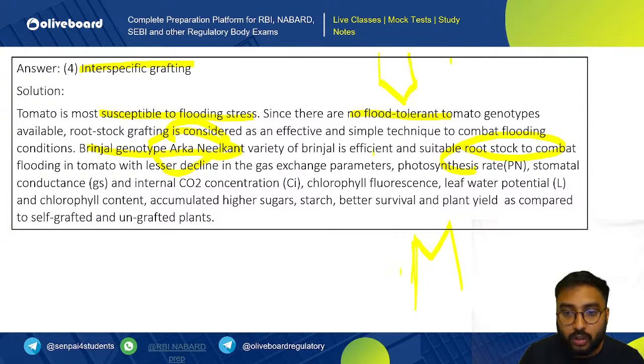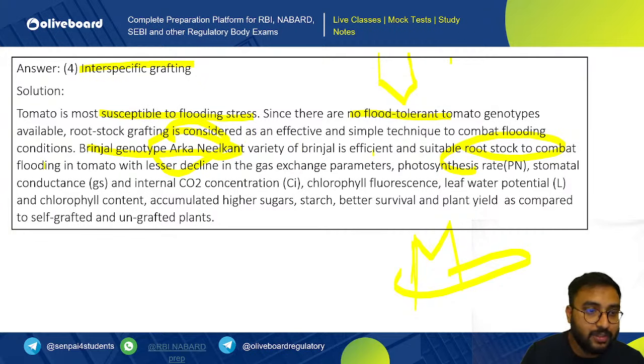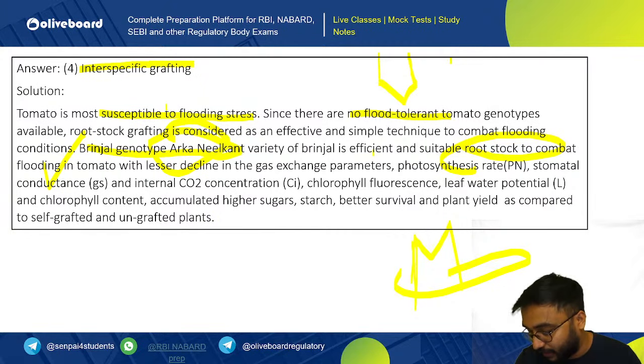So the stock of brinjal genotype Areca Neelkant is used, which survives even in a flood-like situation. The grafting in which two different plants are grafted together is called interspecific grafting.